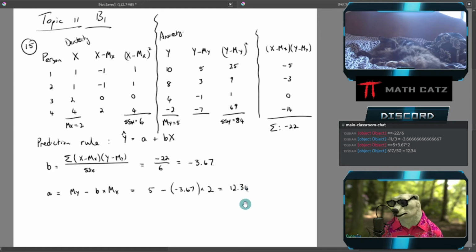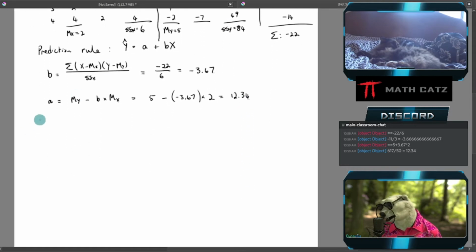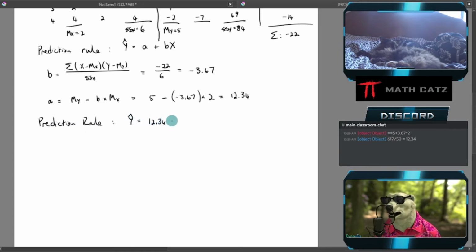So perhaps I'll rewrite the prediction rule. We now know y hat equals 12.34 minus 3.67 times x.